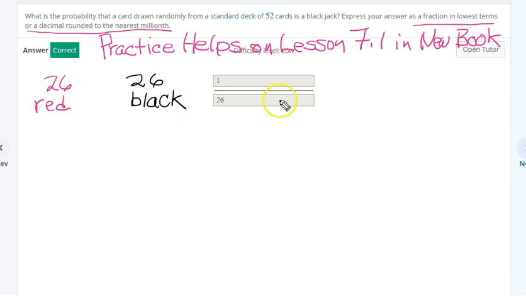Now, within the reds, let's go back to, well, let's stay with the blacks. We have spades. Now, a spade looks like this a little bit here, while a club looks a little bit like a three-leaf clover.